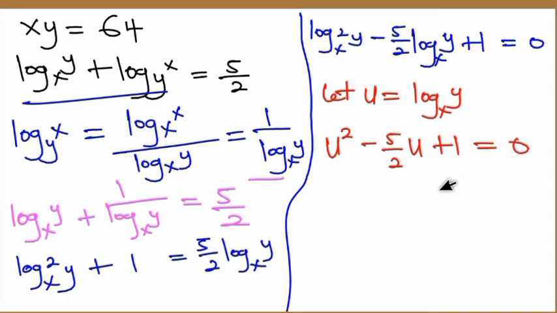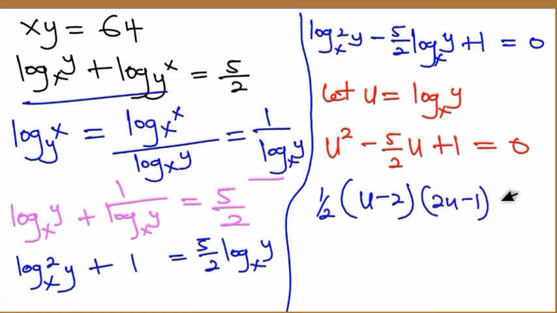So now I will do some factorization. So factoring this one, I will have 1 divided by 2 out, u minus 2 multiplying 2u minus 1 equals 0. So now divide both sides by 1 divided by 2, so it gives us 0.